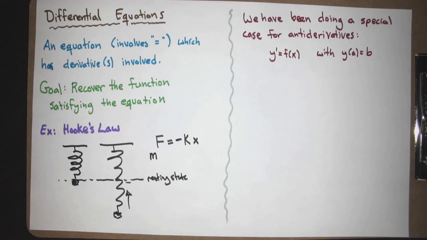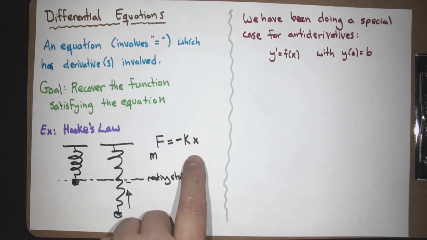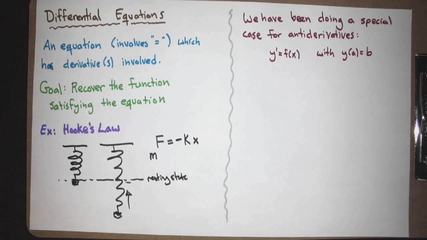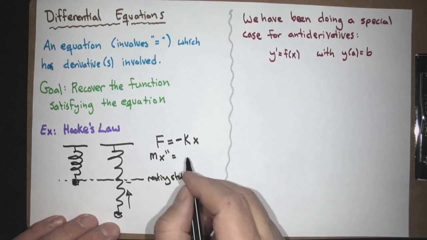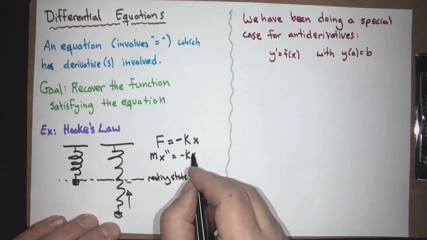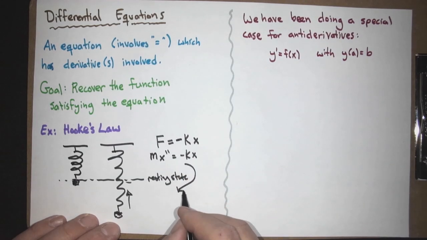So x is position. How does acceleration relate to position? Second derivative. Yeah. So this becomes m x double prime equals minus k x. Or it says x double prime is some constant, minus alpha times x.